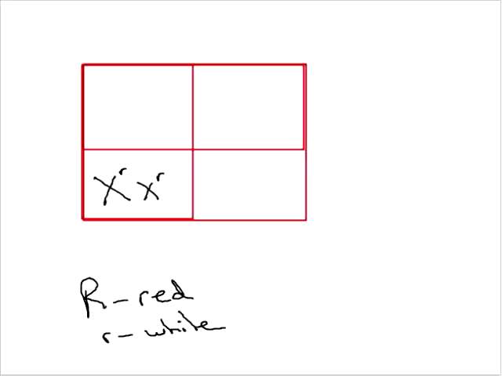In order for that to happen, mom, the female fly, must have passed on an X little r, as would the male fly.